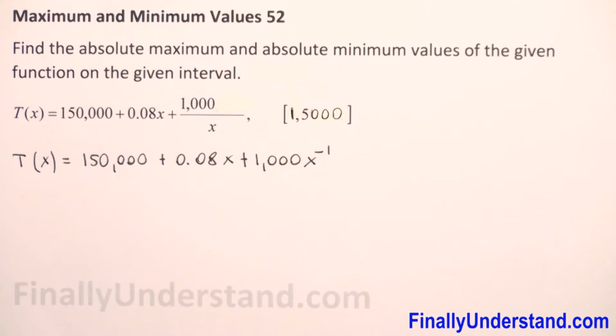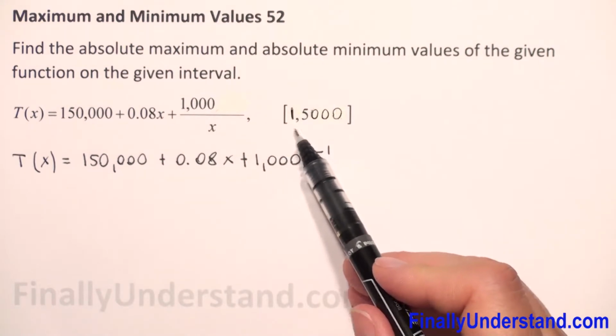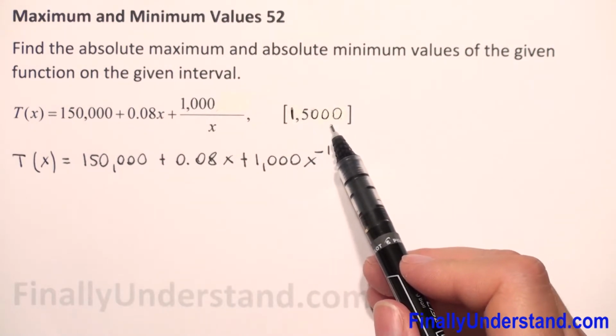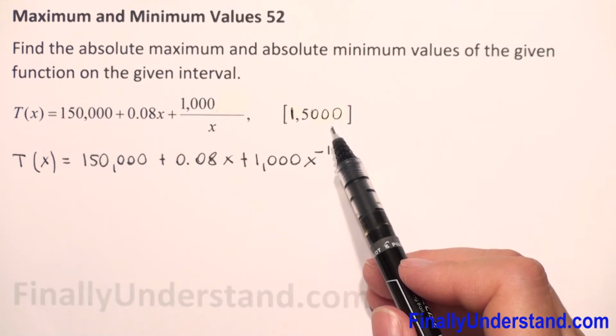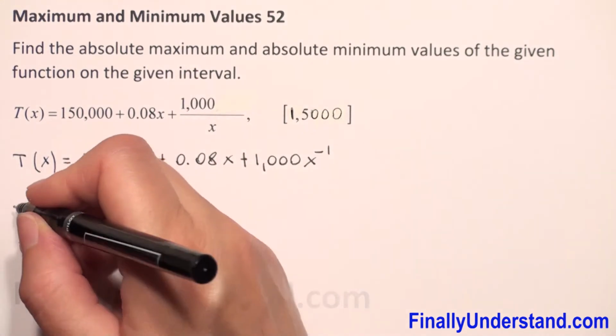the value for these critical points of our function and the value for endpoints, so for 1 and for 5000. And when we have these values, we have to choose the largest and the smallest values. So first, to find critical points, we need to find the first derivative.